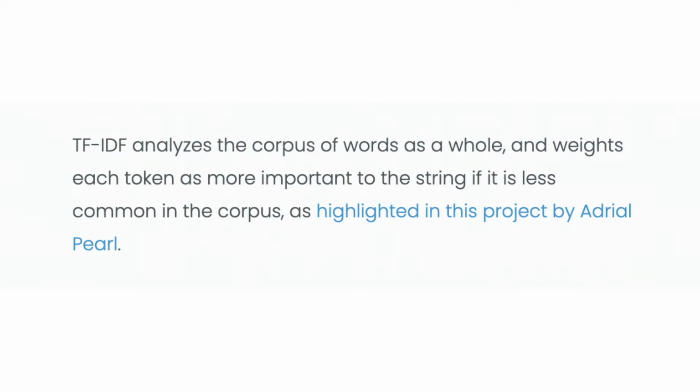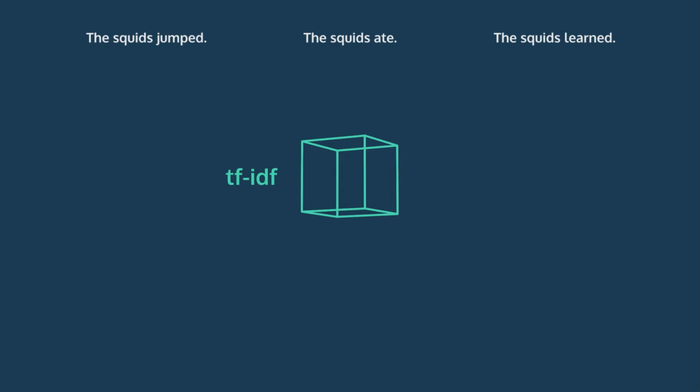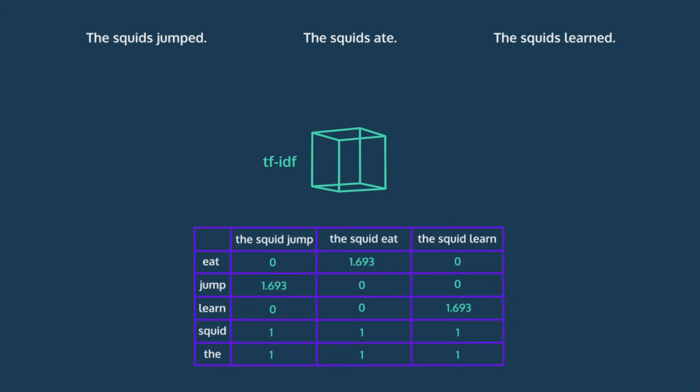TF-IDF also analyzes the corpus of data as a whole and weighs each token as more important to the string if it is less common in the corpus. Some limitations are that this approach does not take into consideration semantic similarities of the input and the found database entries, and it is also not speedy when it is set for high accuracy.